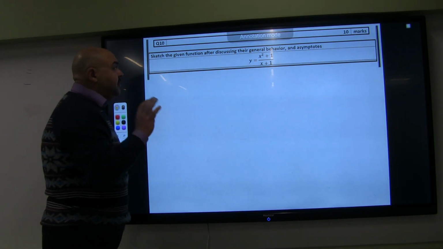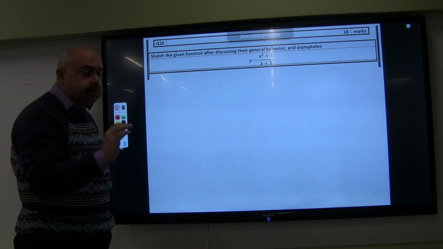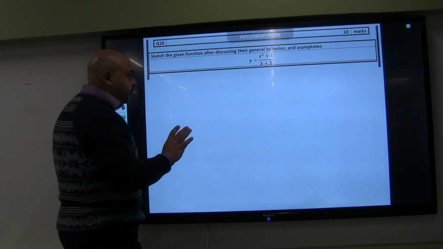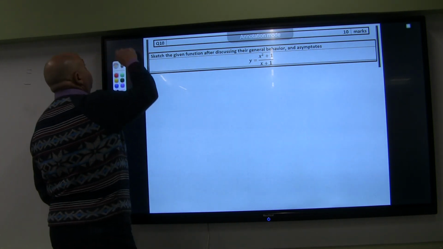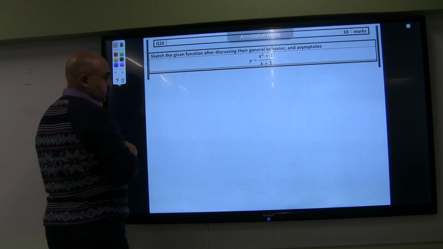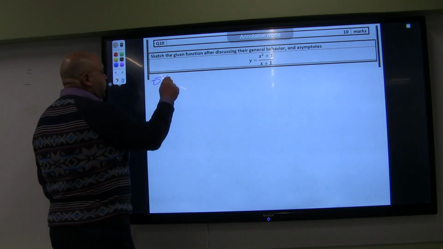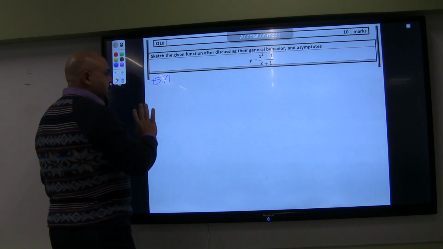The first and simplest type of asymptote that you can find for any problem is the vertical asymptote. Once we need to find the vertical asymptote, it's very, very simple.